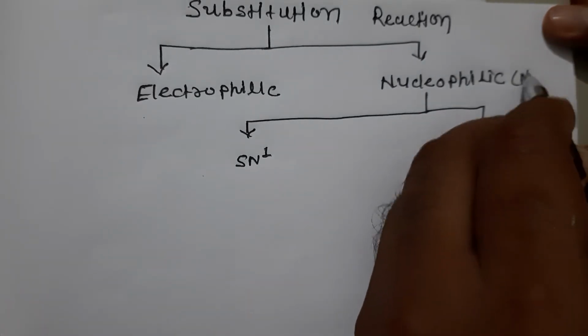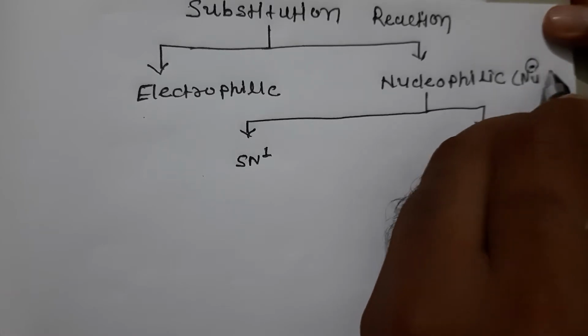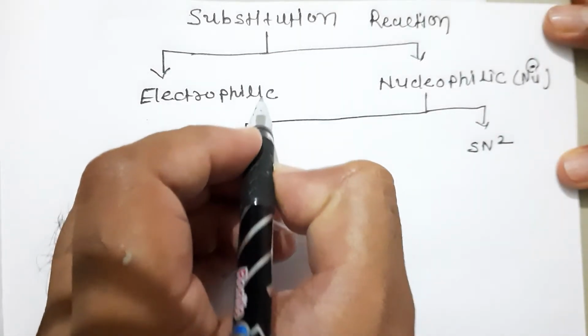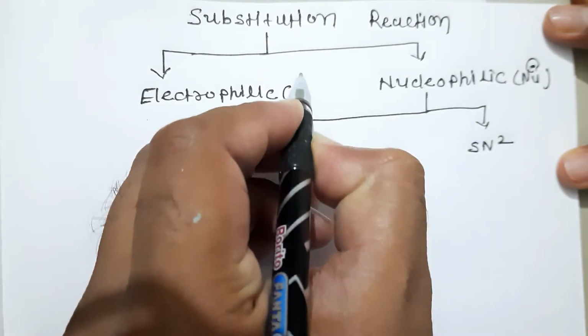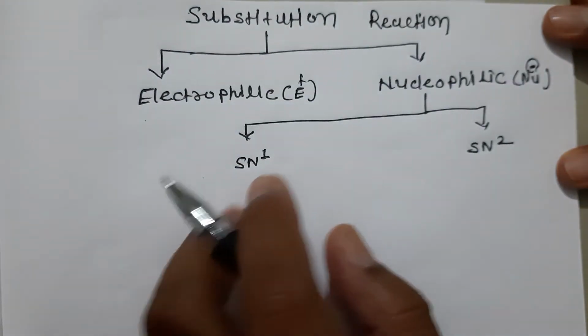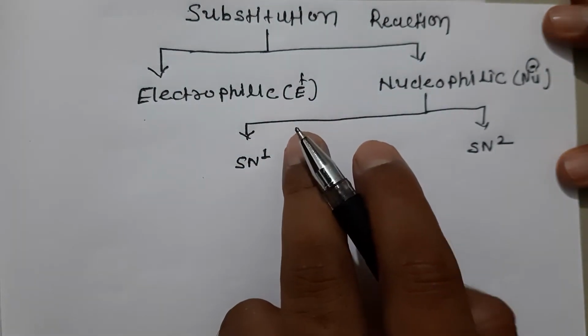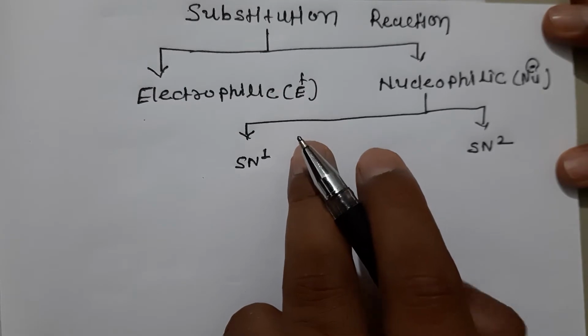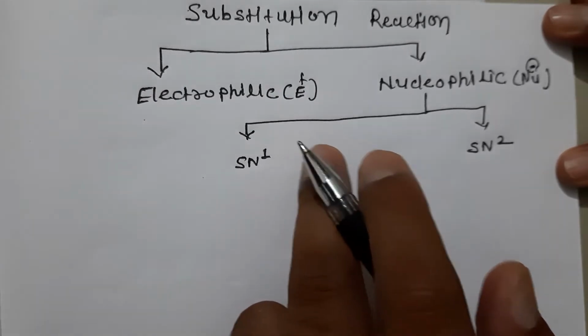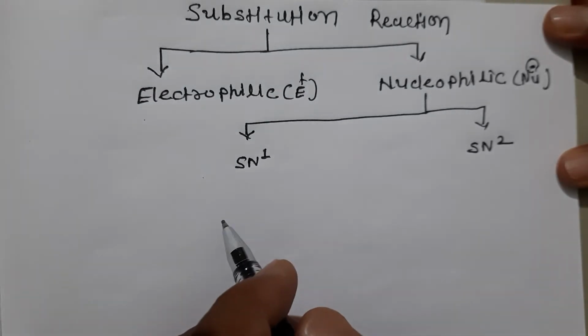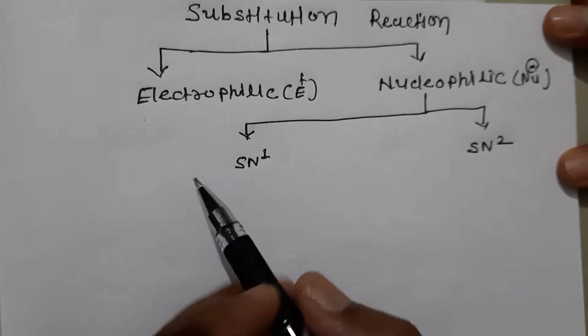Generally nucleophiles are electron rich and electrophiles are electron deficient. Substitution is a very basic reaction of organic chemistry, in which one group enters and another group is removed, and this is called a substitution reaction.